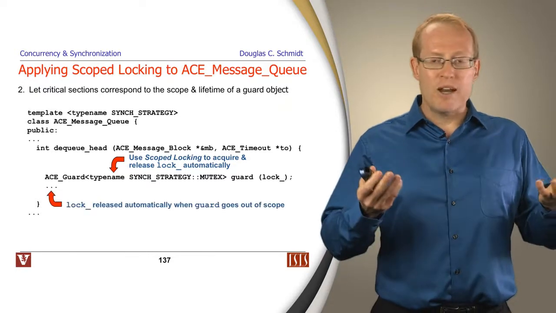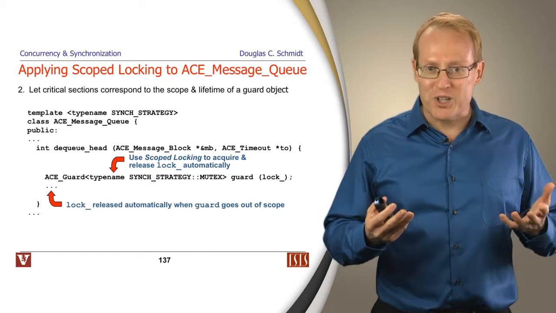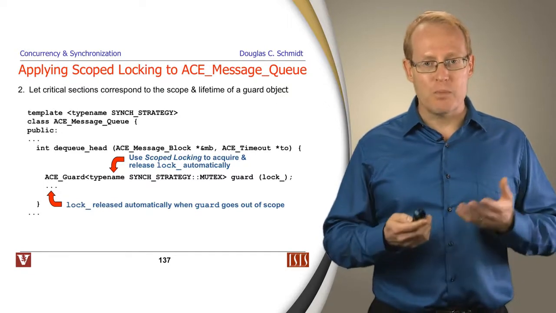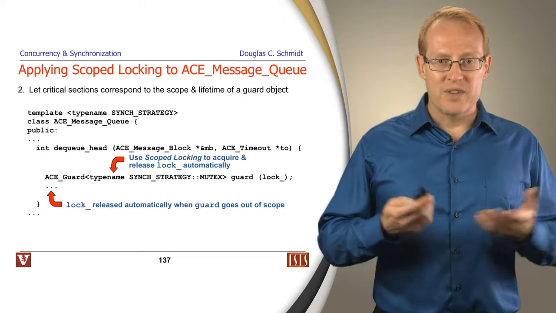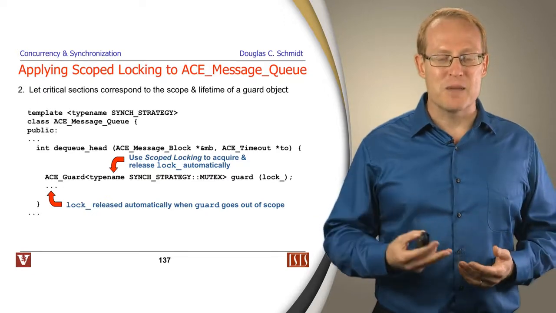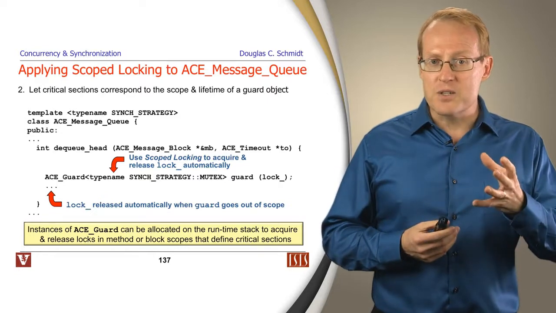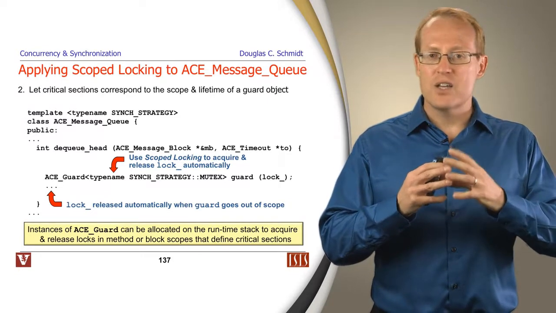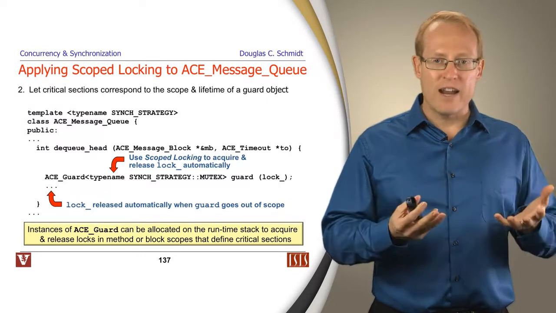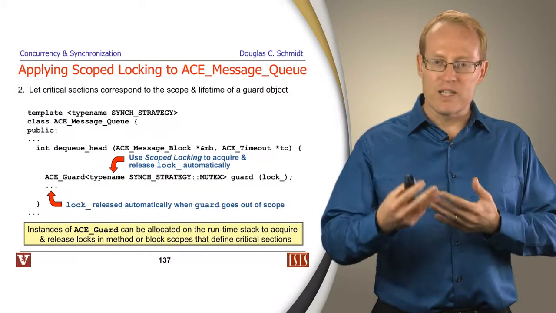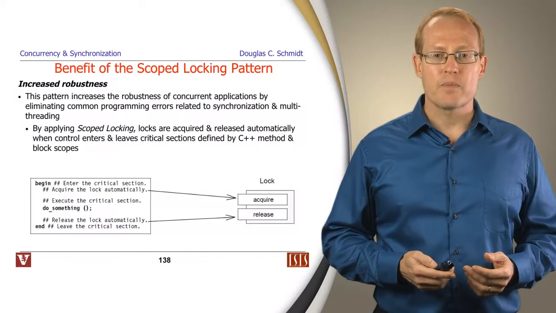And then no matter how we leave the scope, short of crashing the program, that lock is going to automatically be released, which is much more powerful and much more foolproof. You're not going to make as many mistakes because it automatically cleans things up. You can allocate instances of the ACE guard on the stack, so they're very lightweight, they don't require any dynamic memory allocation, and they just grab the lock on entry and release the lock on exit from a scope.